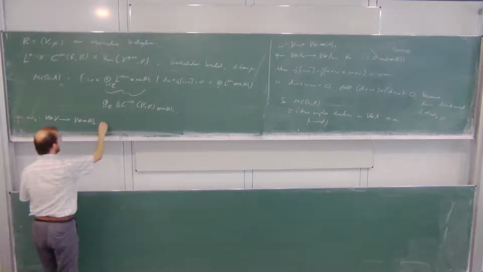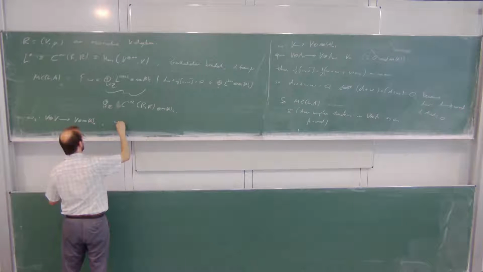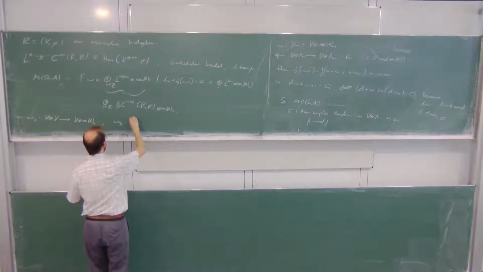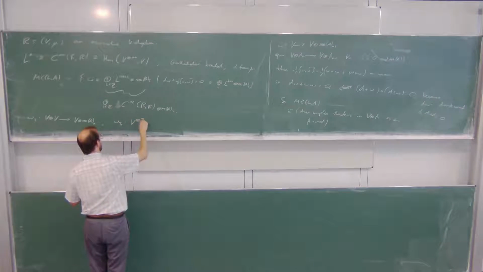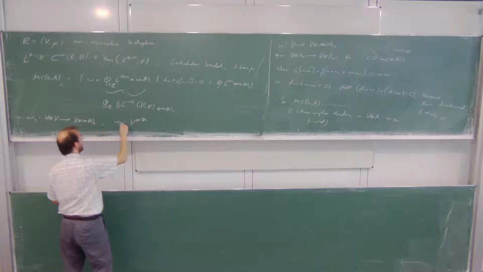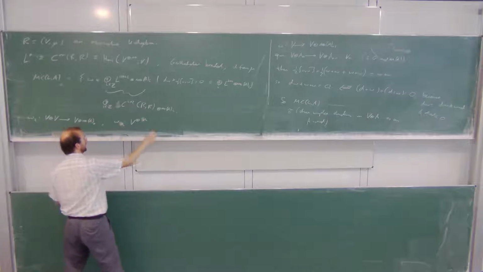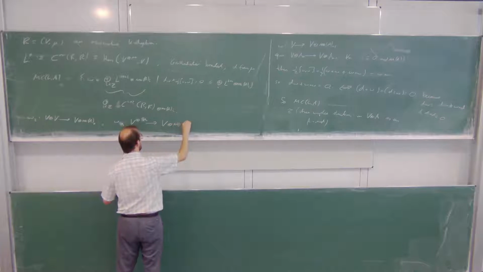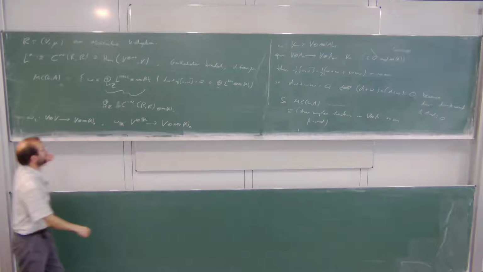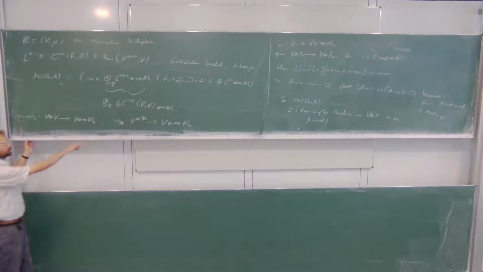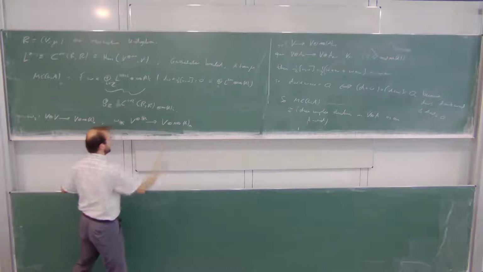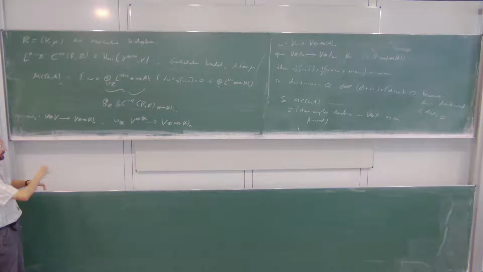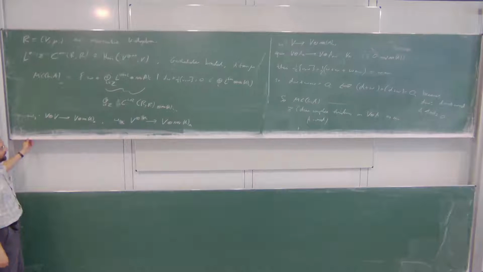And then we get omega 3, and generally omega N. So it's going to take N inputs and spit out something in V tensor with the nth degree of A.